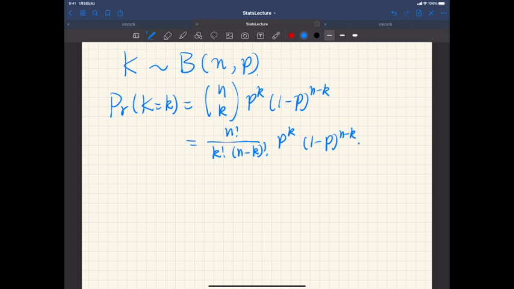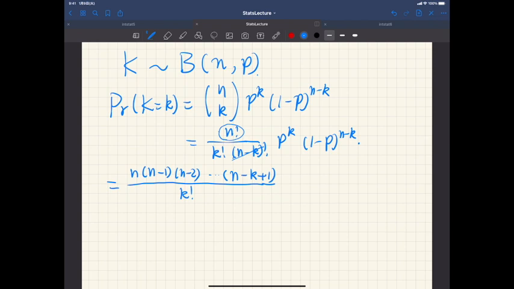Now, let's expand. Let's expand these factorials, and we can cancel some part of n factorial with n minus k factorial. So that would be n, n minus 1, n minus 2, down to n minus k plus 1, and k factorial is still here.